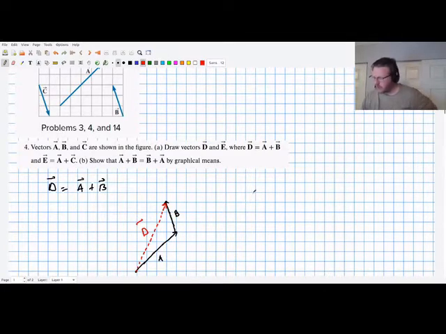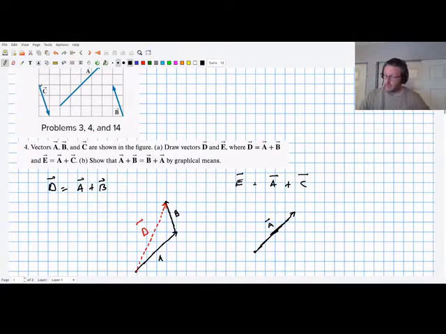Now I need E equals A plus C. So E vector is supposed to be A plus C. A, same thing. I still want to go to the right by 4 and up by 4. So start there and add 1, 2, 3, 4, 1, 2, 3, 4. That's the same as going along that diagonal.